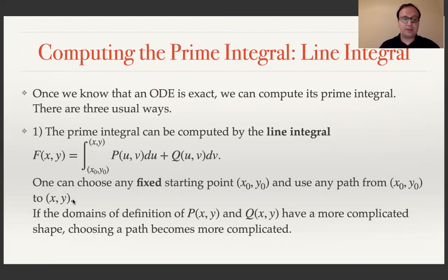If these functions are defined, for example, on the whole plane, then we can choose literally any path from the fixed starting point to the point x, y. If not, then choosing a path becomes more complicated, and it turns out that the answer may actually depend on the path, which is not good.